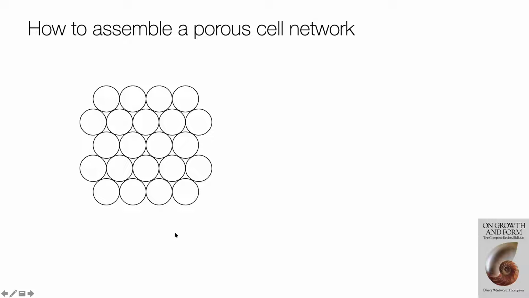And you can basically say, make each cell, I'll highlight one in blue, just stick to its neighbors through some adhesive mechanism. And all you really need is that the boundary of this packing of cells is going to grow faster than the cells will grow themselves. So relative to the boundary, the cells are going to be shrinking.